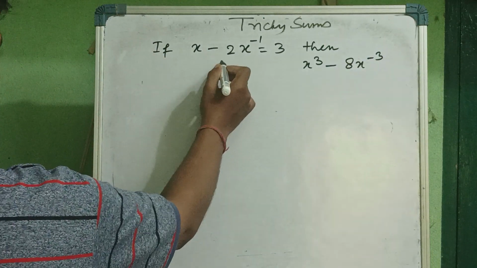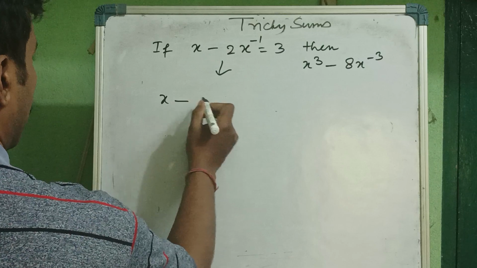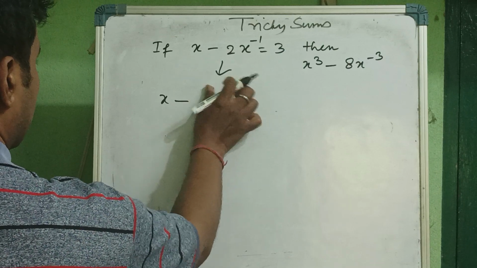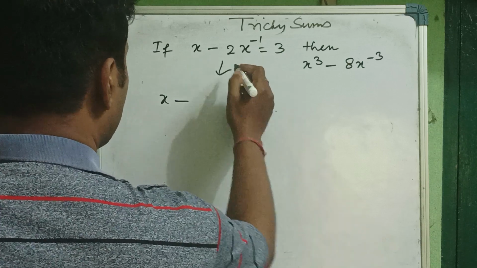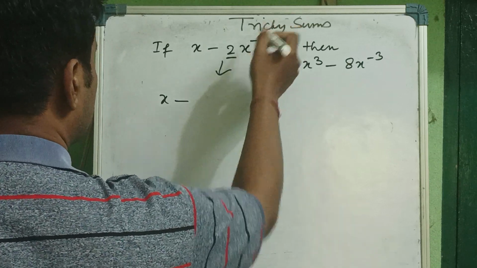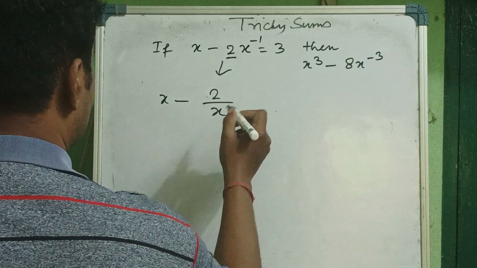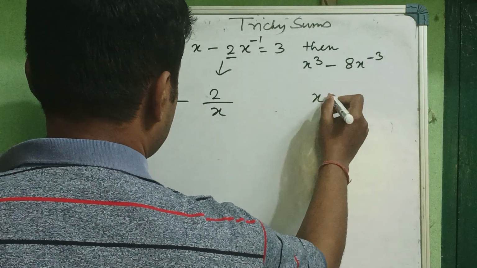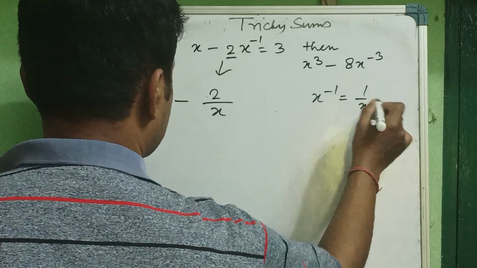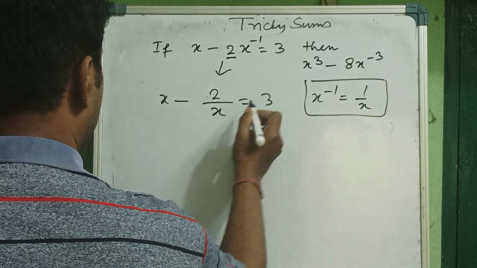First of all, you have to calculate this. Here it is 2 by x, because according to the laws of indices, x to the power minus 1 equals 1 by x, so x minus 2 by x equals 3.